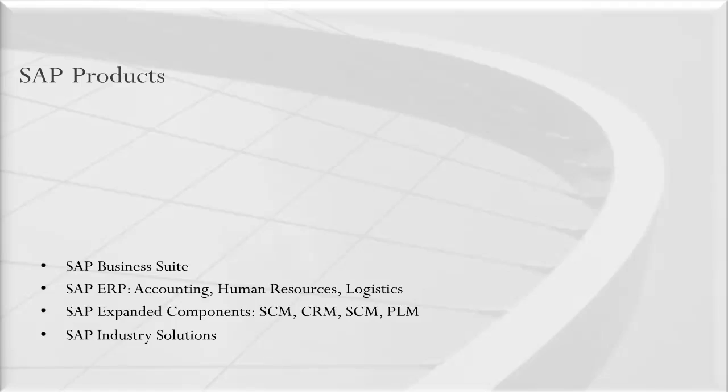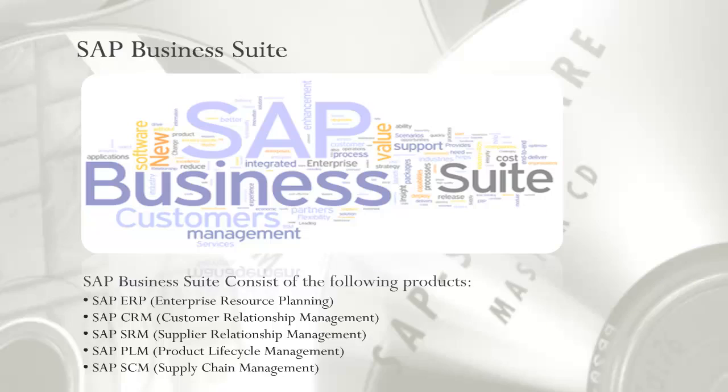We will cover what SAP considers its most basic and central components, the SAP ERP system, before exploring the more expansive products that cover supply chain, customer relationship management, supplier and product lifecycle management. As you'll see, these products encompass a wide range of business activities.